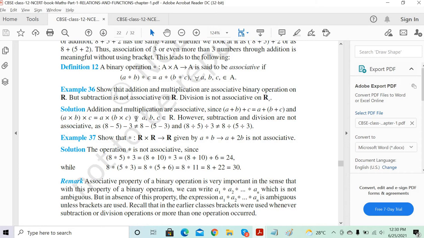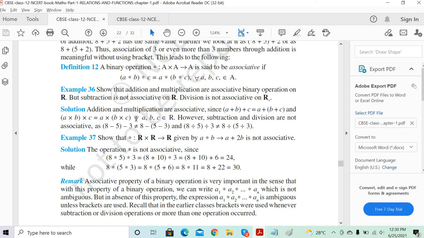So we get 8 plus 10 plus 6, that'll be around 24, because it's 8, 18, and plus 6, 24. Then we get 8 star (5 star 3), that is equal to 8 star 11, because again it's a plus 2b, and then when we multiply 2 outside, 8 plus 22, and then that becomes 30. So it's not associative because 24 is not equal to 30.